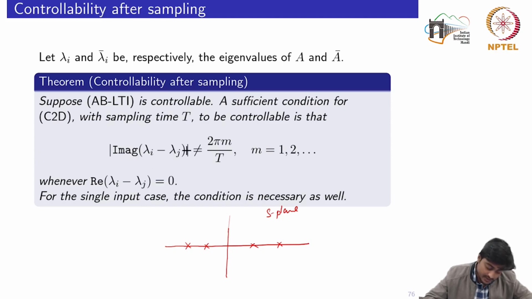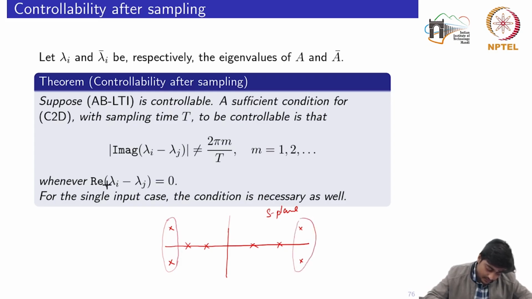Now, this imaginary condition is for those eigenvalues which have a complex conjugate. Let's say I have one eigenvalue here and another eigenvalue here.